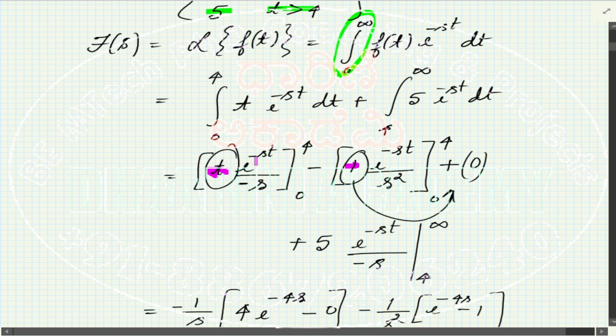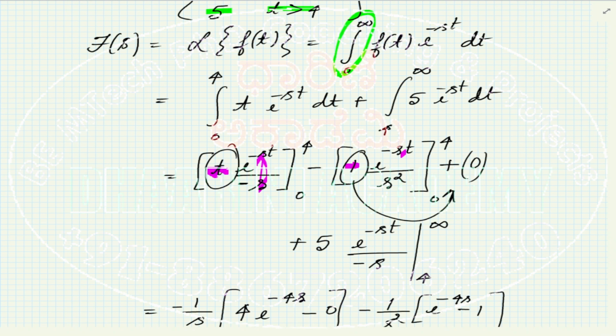So this t differentiation is 1. Are you okay? And the e to the minus st by minus s, whatever we have here, I should integrate this further because it's the Bernoulli's rule, right? So first function keep as it is, second function keep integrating, right? And when you go to the next term, differentiate the first term. So t becomes 1, and in the next case, you can see that 1 becomes a 0, right?